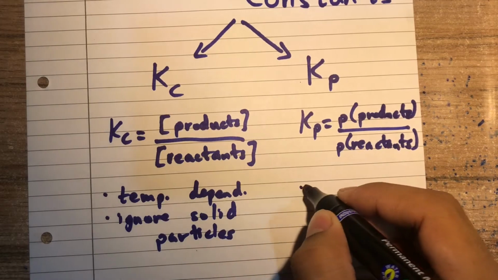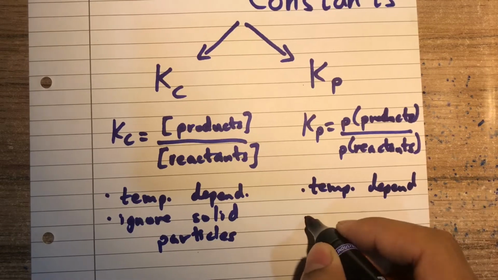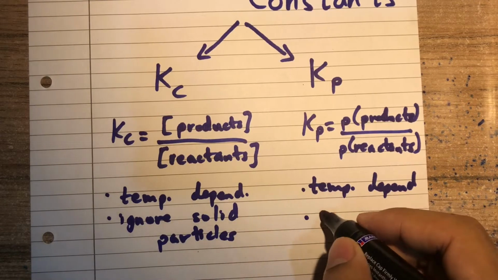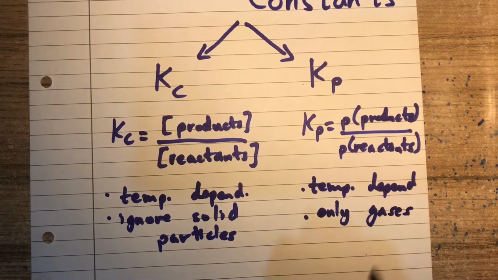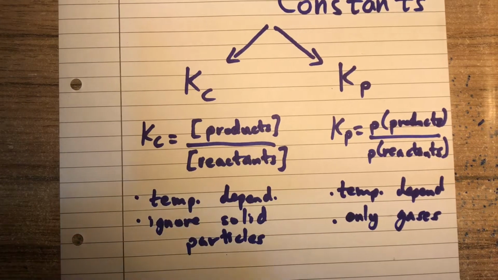Again, this is only temperature dependent, and in Kp, because we're dealing with partial pressure, that is only in gaseous substances. Again over here, Kp is the ratio of partial pressure of products upon reactants. So if Kp's value is greater than 1, then that means that equilibrium is towards the right, that is towards the products, and there is more amount of products than reactants.